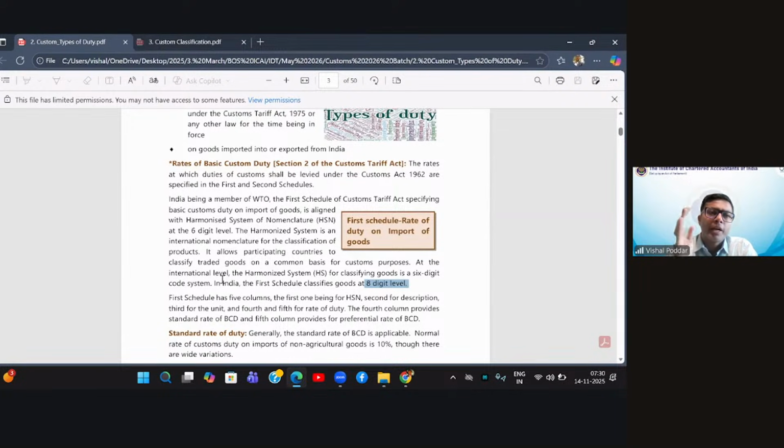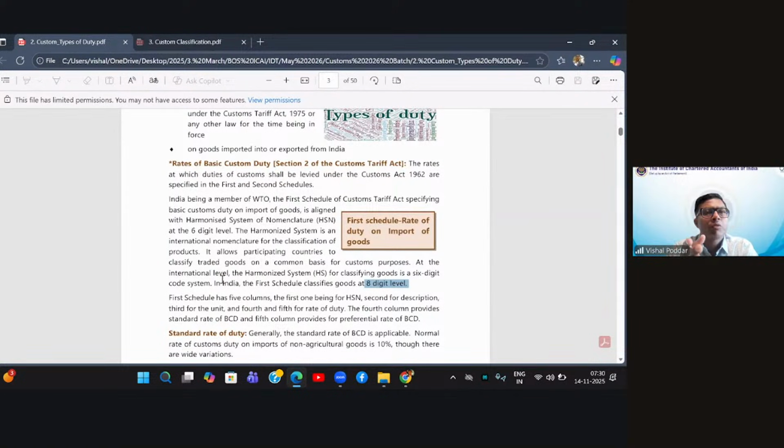Earlier, every act, customs and excise, had the tariff as part of the main act. But since this list was given and we had to follow it, we decided to bring this list as a separate act. That is why now we have the Customs Tariff Act, and we had the Central Excise Tariff Act. Both these tariff acts had the same list given by WCO.